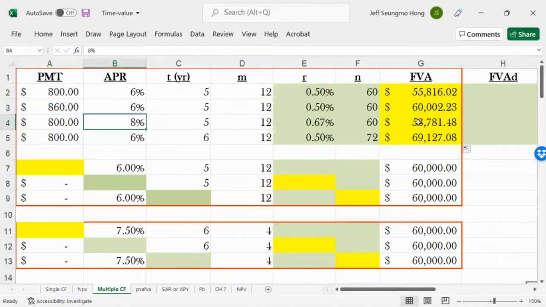And at 8%, you're still about $1,300 short. With 6 years, you have more than enough. You'll have 69,000.